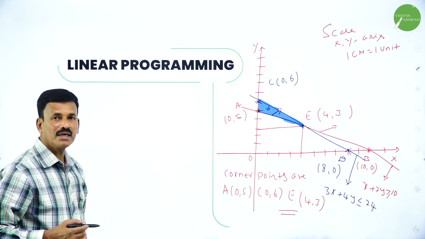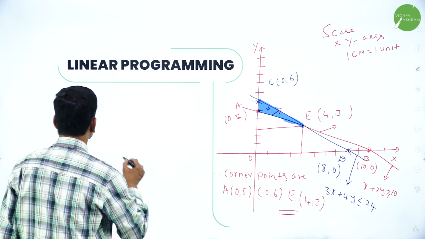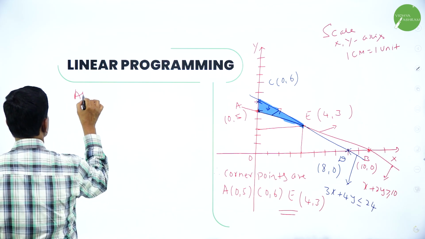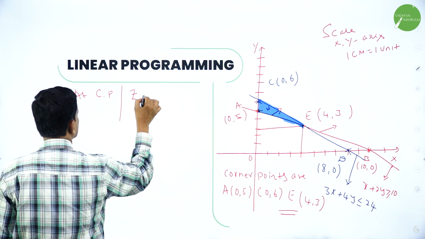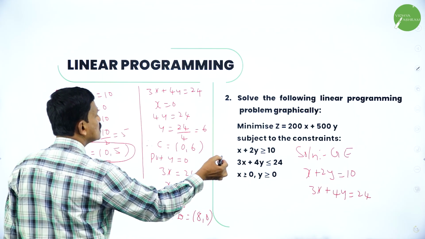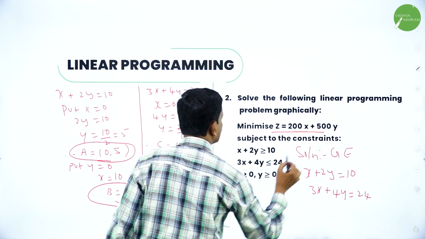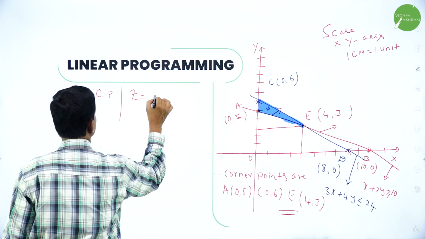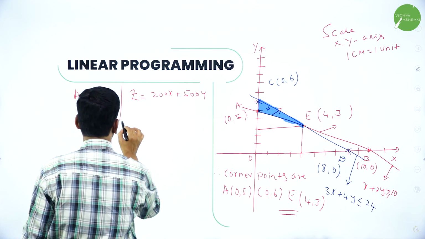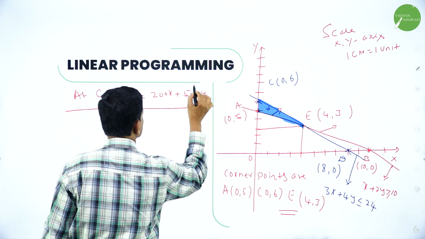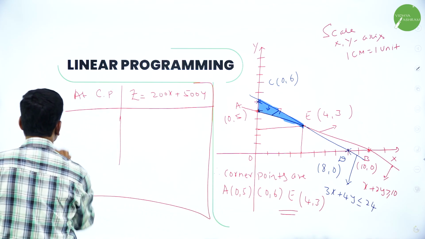Now, find out the maximum and minimum value for this function. At the corner points, what is given? Z is equal to, what is the objective function? 200x plus 500y. Let us check what we are going to get.